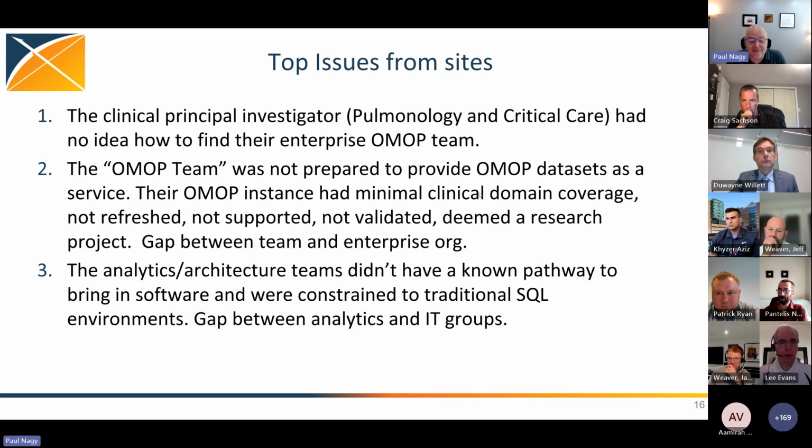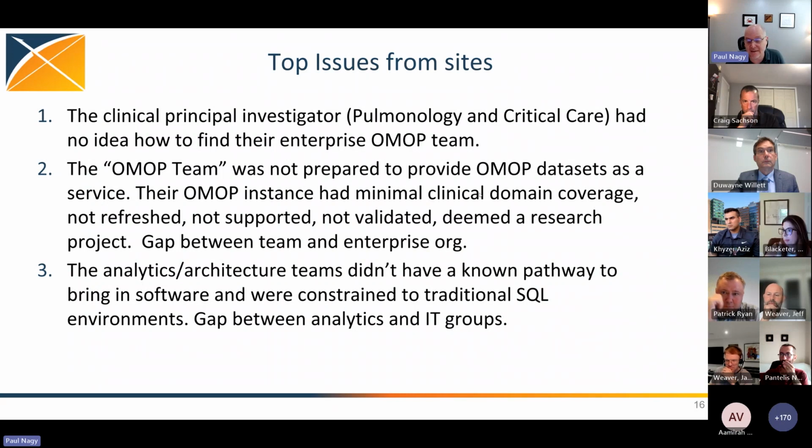But they often didn't even know how to bring software in. They understood how to do SQL, but there's often a gap even within organizations between the analytics and IT groups. And so we had to help them navigate the security IT teams and the enterprise IT teams for how to deploy software and make that an easier process, which we'll be talking about.